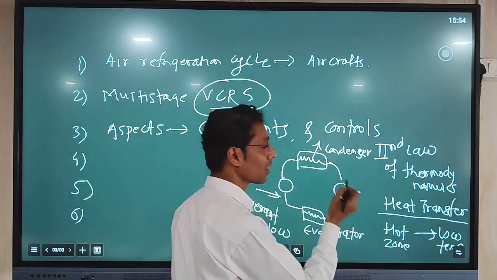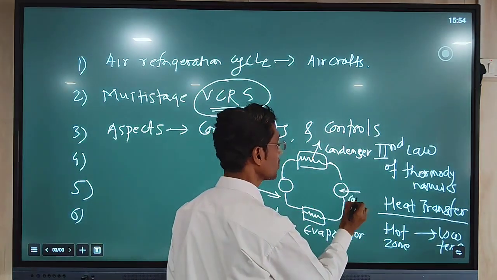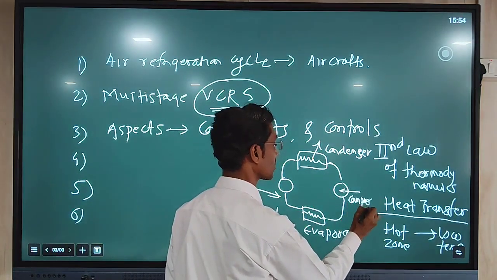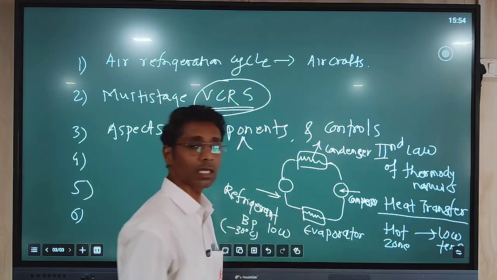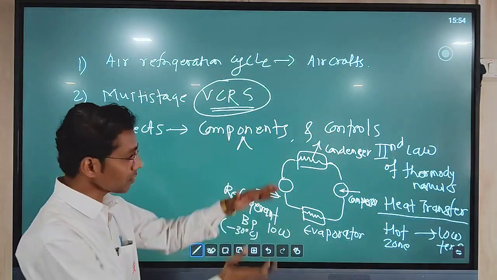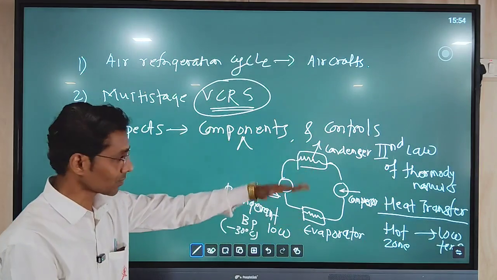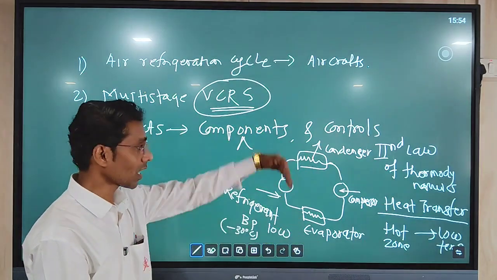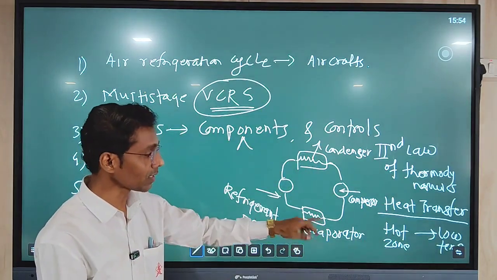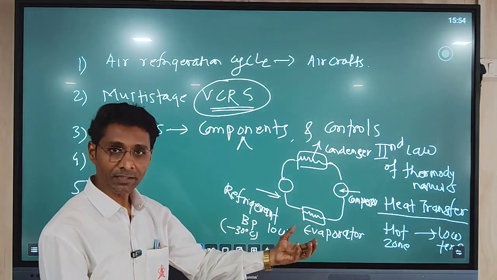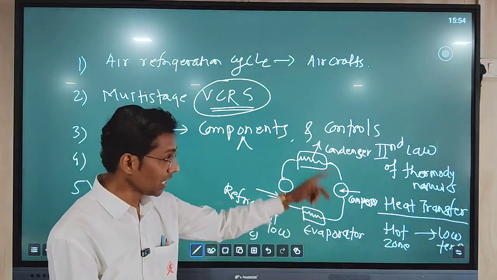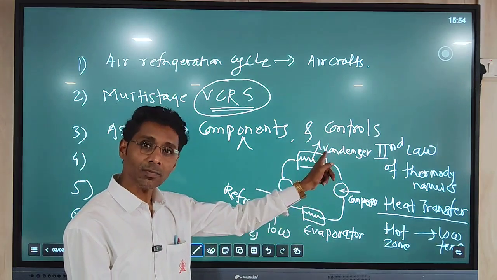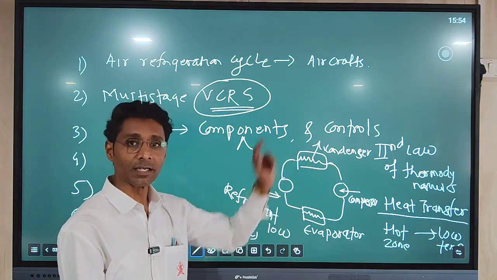That input energy or external agent that is used here is called the compressor. The compressor divides the operation into two parts: low pressure side and high pressure side. On the low pressure suction side, it sucks the heat. On the delivery side, it increases the pressure and rejects the heat.